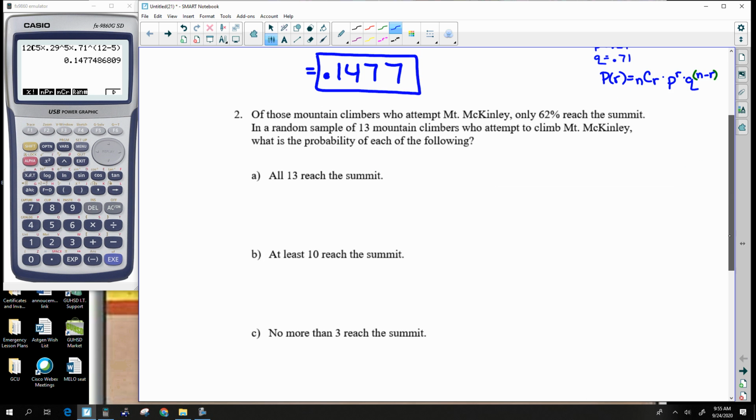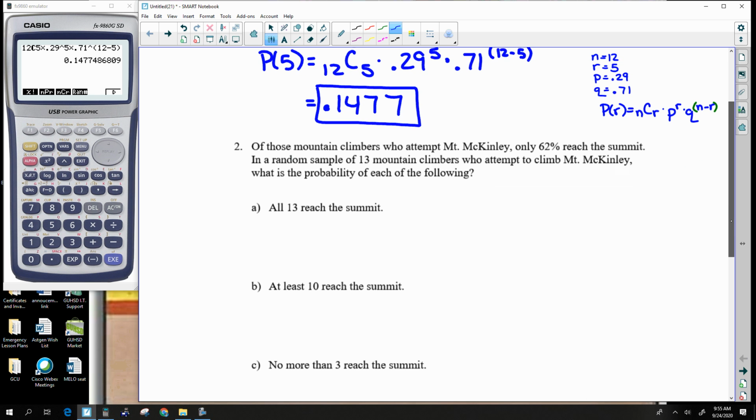Easy. Okay, this is the same kind of concept down here, but notice how they're asking multiple probabilities at once.